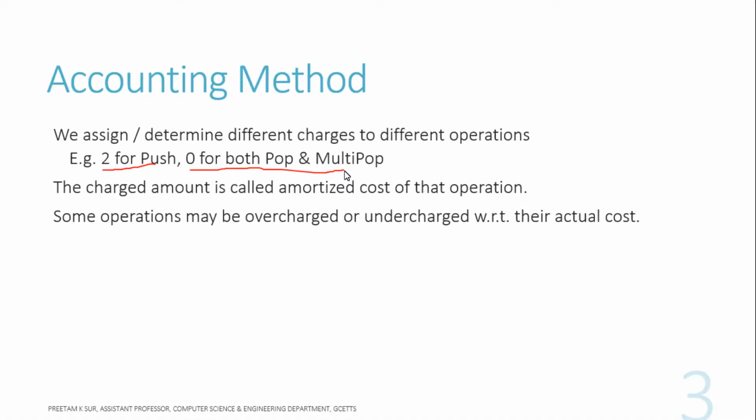Similarly, in the case of multi-pop, as we have seen in the last lecture, the actual cost is the minimum of the size of the stack and the parameter k given as input to the multi-pop operation. So again, 0 is undercharged for the multi-pop operation. So in the accounting method, whenever we assign charges to the operations of a data structure, some operations are going to be overcharged and some undercharged with respect to their actual cost.